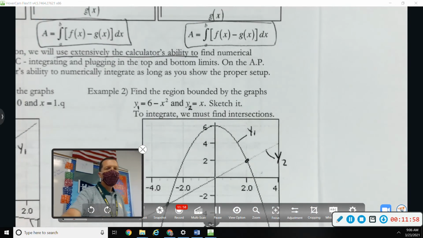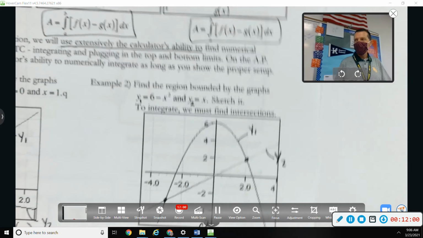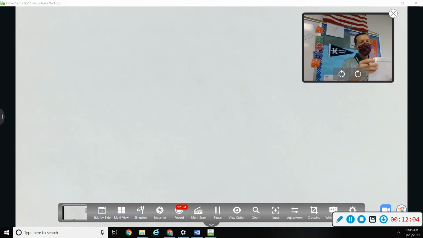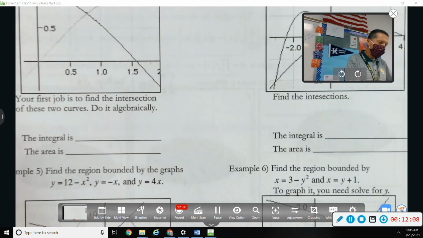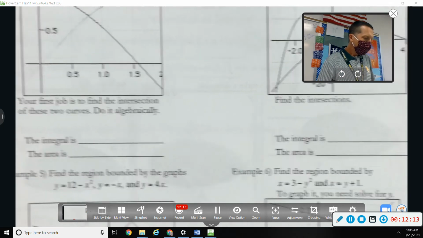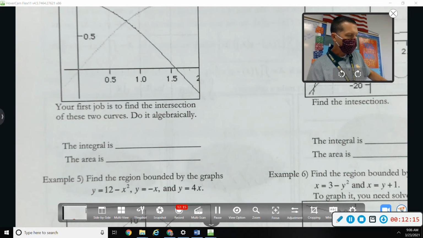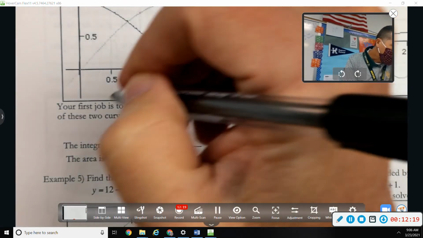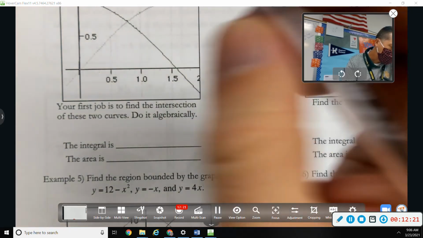So I think the concept is pretty easy, top minus bottom. It's just the details of finding intersections. In fact, we look at example 3. Find the region bounded by the graphs of x equals 0, y equals sine x, and y equals cosine x.